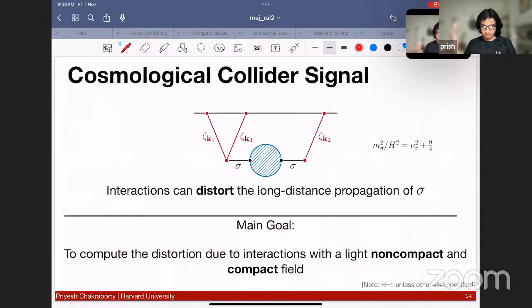So that was after discussing free theory. Let's go back to the question we actually care about. We want to compute the decay width of sigma by coupling it to a light non-compact and a light compact scalar.